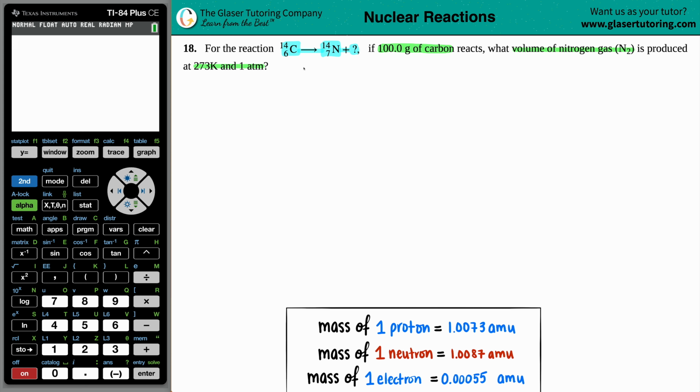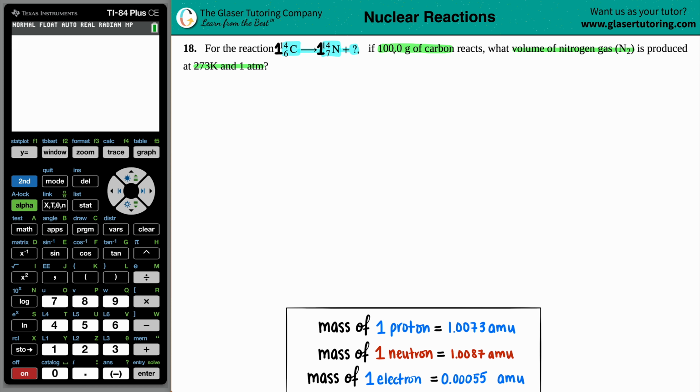Generally, with nuclear reactions, for all your atoms, you're always going to have one carbon reacting to give one nitrogen, and the rest will pick up the slack from your subatomic particles, whether you're emitting an alpha particle or a beta particle. So in this case, we just have to go from the carbon to the nitrogen.